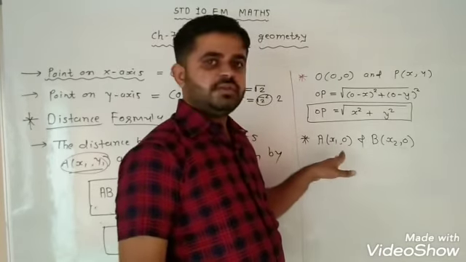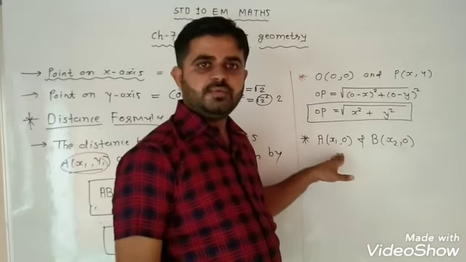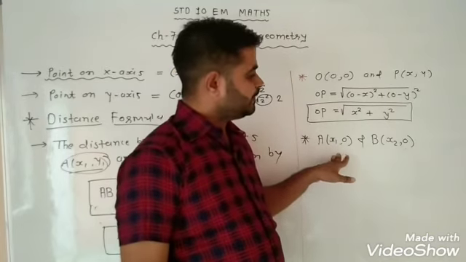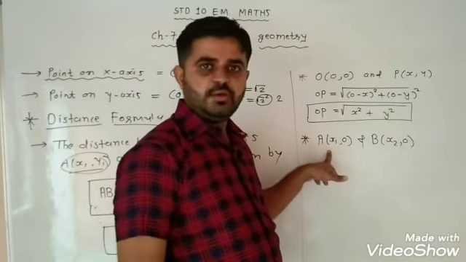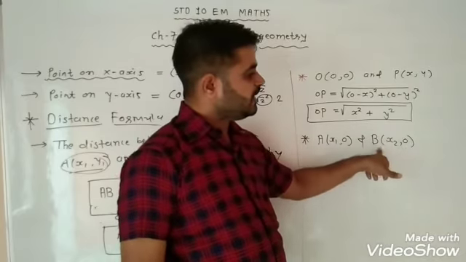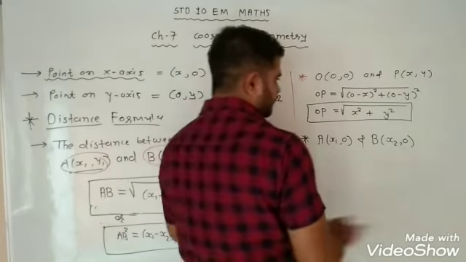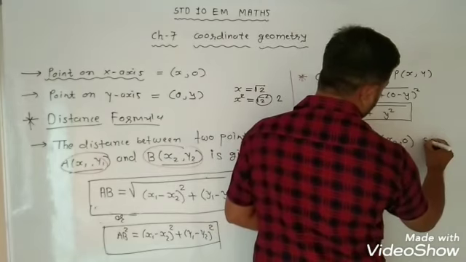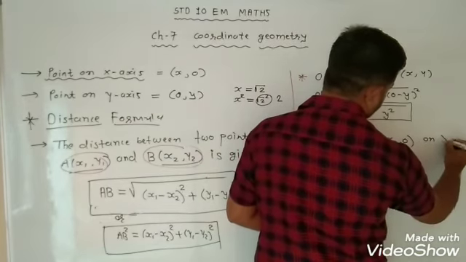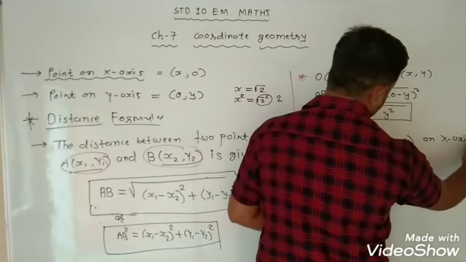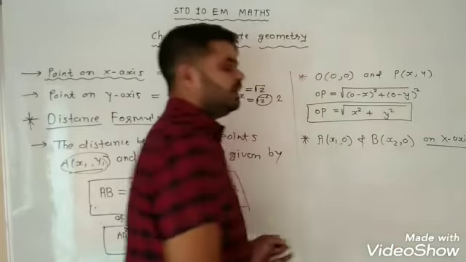What is the consideration available from these 2 points? If you have any idea, then you can say. The point A is lying on x-axis and the point B is also lying on x-axis. Okay, so these points are on x-axis.